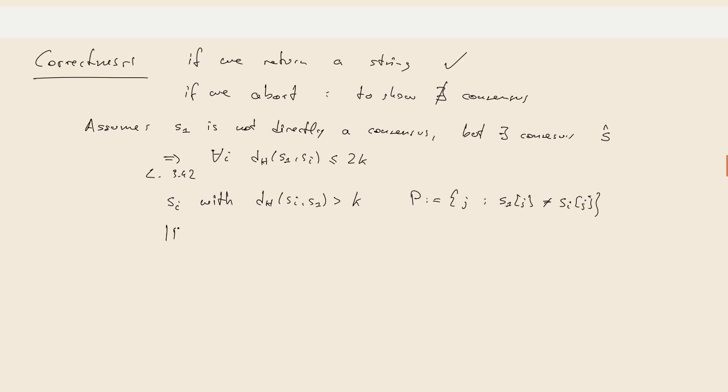Okay, so rephrasing this, the set of mismatch positions is not too large. Now the algorithm picks a P prime with k plus 1 positions from this set and checks all of these positions, if it's doable to set the consensus to that symbol of SI at that position.